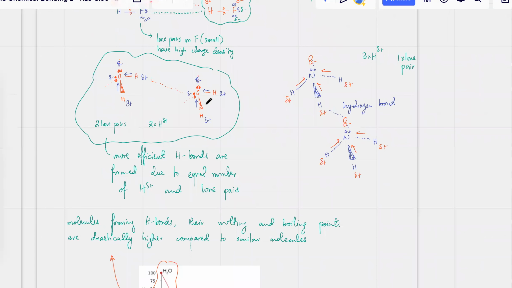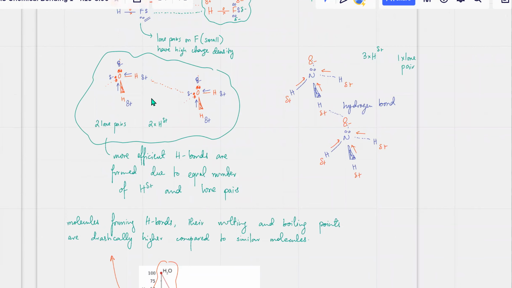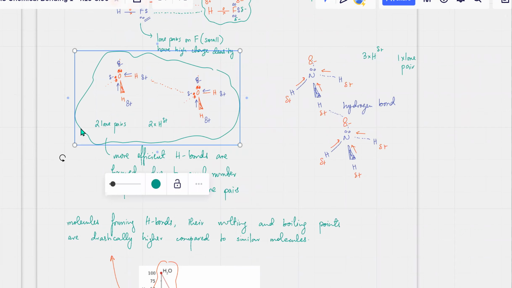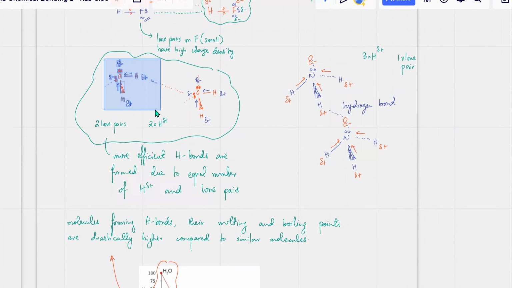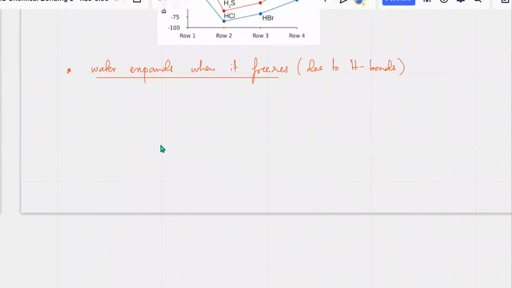So you've got these two water molecules. I'm going to take a couple of water molecules. Just a second. I'm just going to take this water molecule, and I'm going to show you why it expands when it freezes.